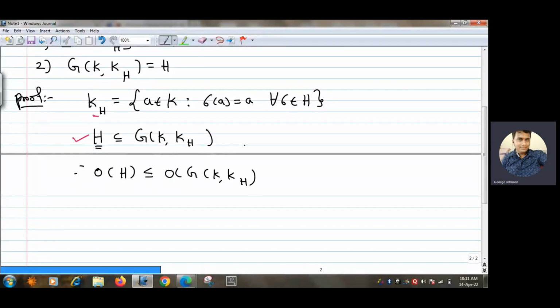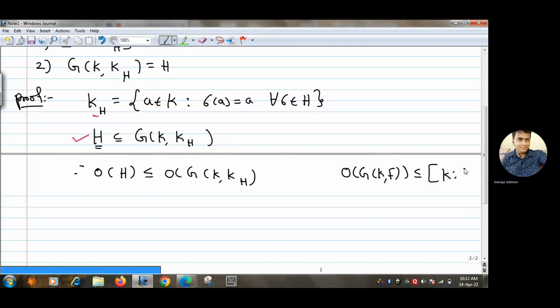Also, one thing we note is that we proved this theorem in the last unit: if K is a finite extension of F, then the order of G(K,F) is less than or equal to the dimension of K over F.